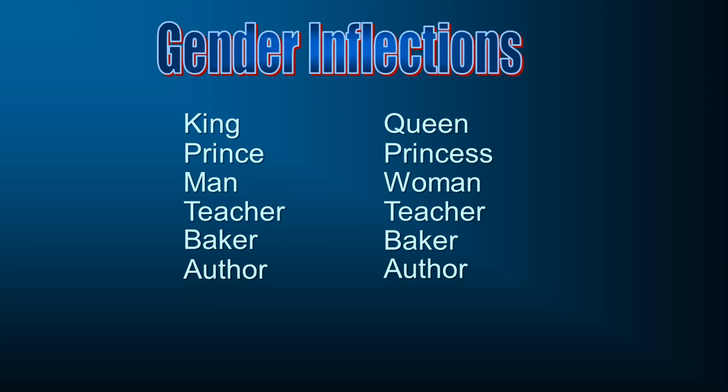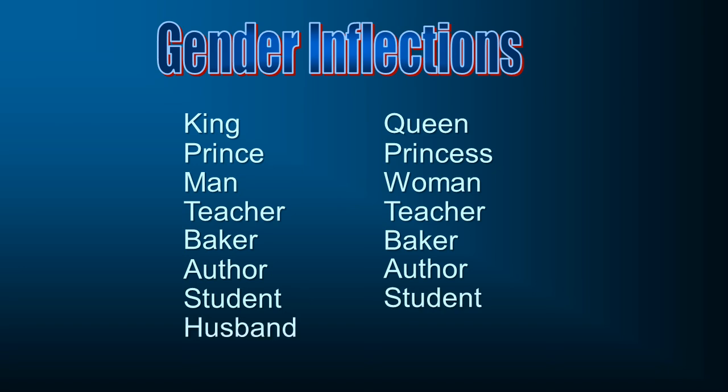So sometimes there are some words that take that. A student and a student, that's the same term. Although husband, you don't say husbandess, you say wife. Two actual separate terms there. So sometimes, like king and queen, they are separate terms. Sometimes, like prince and princess or prophet and prophetess, they are the same word, but with a different ending on the end as we go through all of these different genders.